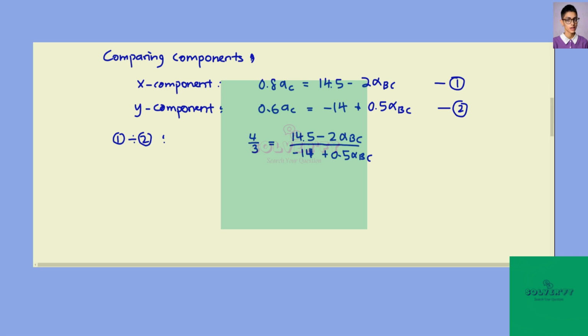You can simplify to get 8 alpha BC is equal to 99.5, which gives alpha BC to be 12.4 radians per second squared. So this is counterclockwise.